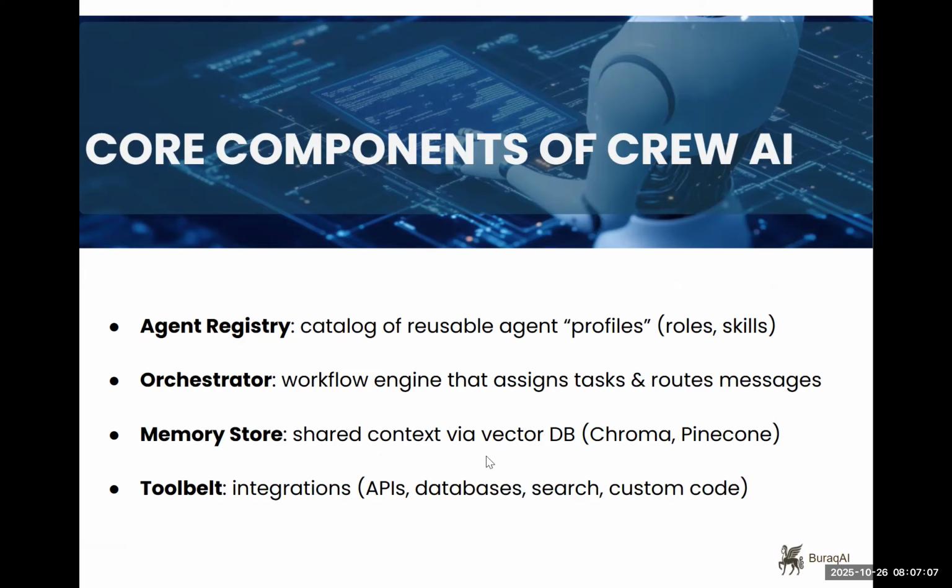Memory store, shared context via vector database. You can use Chroma or Pinecone if you want to implement a memory store, external memory, right? Long-term memory. Tool belt, it can integrate with APIs, databases, search, custom code. Pretty much the very basic things you would expect agents to connect to.